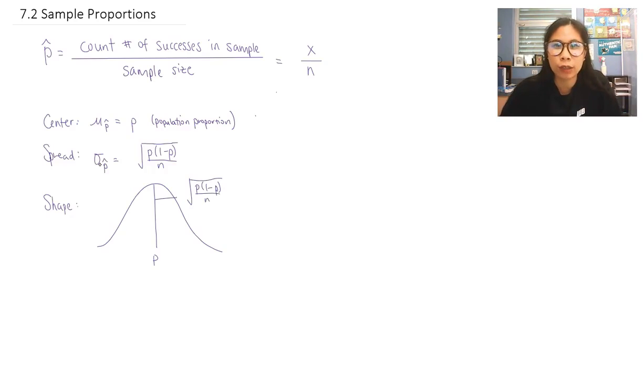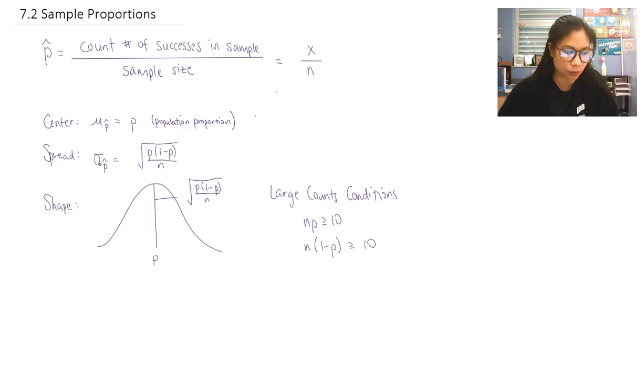But in order for our distribution to become that approximately normal shape, we found out that we have to meet the large counts condition, or the large counts rule. Remember, that was the one where n times p has to be greater than or equal to 10, and n times 1 minus p also has to be greater than or equal to 10. Both of these rules have to apply before we can consider it approximately normal.